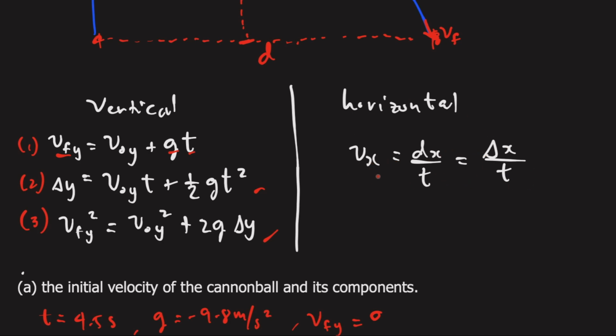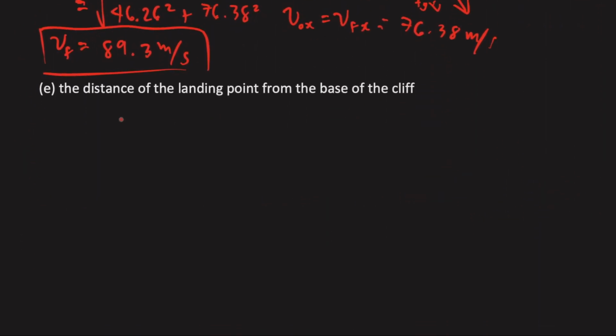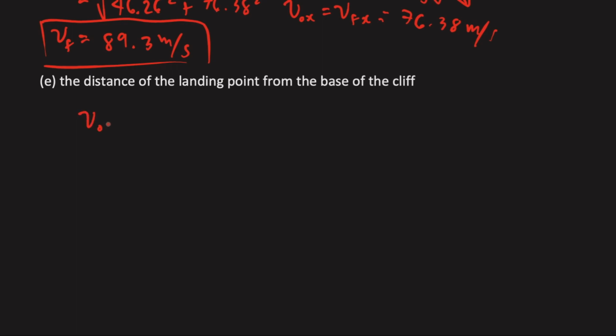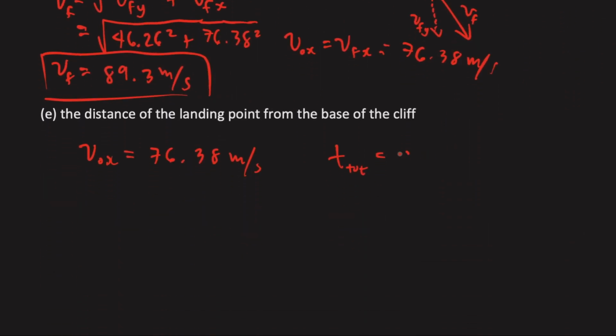Vx is equal to delta x over t. Our initial velocity v naught x is 76.38 meters per second, and our total time is 9.22 seconds.